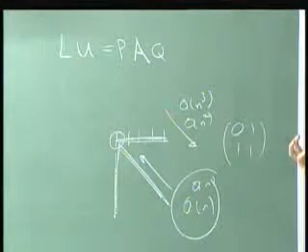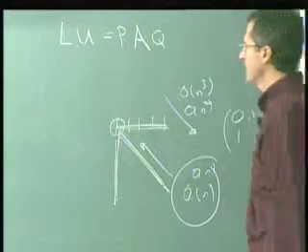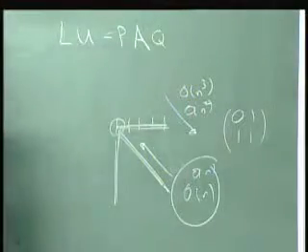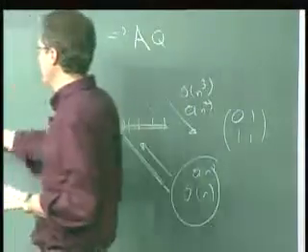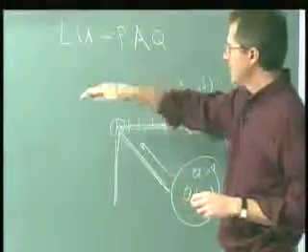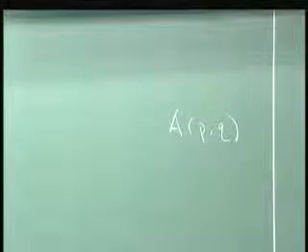But there's other reasons to permute matrices. In MATLAB, you can write this. This is one way of writing this permutation. You can specify P and Q as permutation vectors.